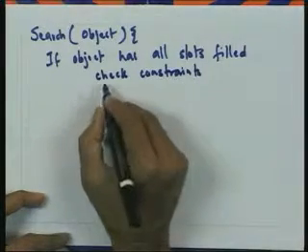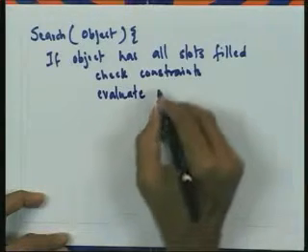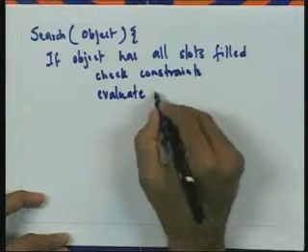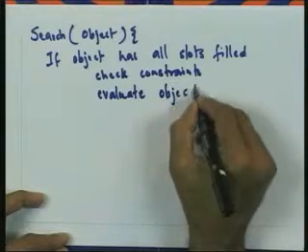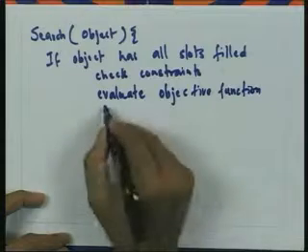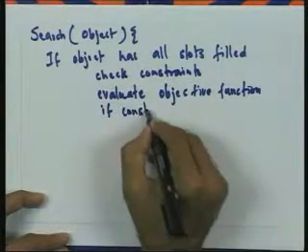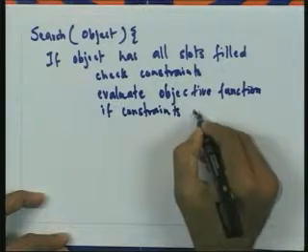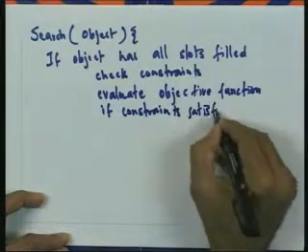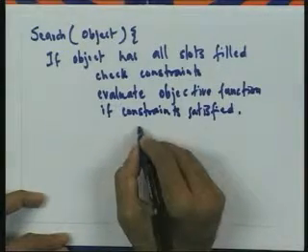We are going to evaluate the objective function. If constraints are satisfied, and in fact we will return the value.